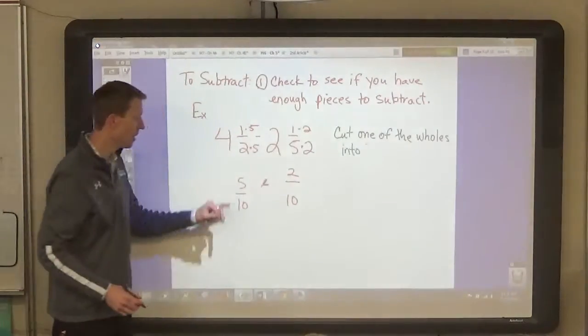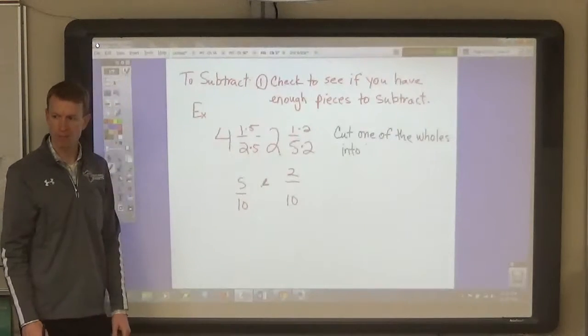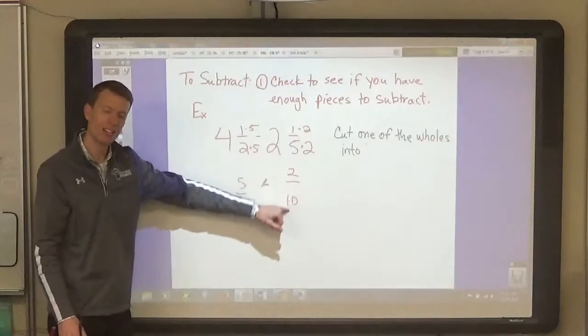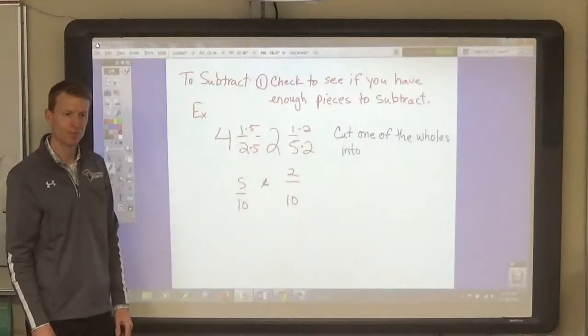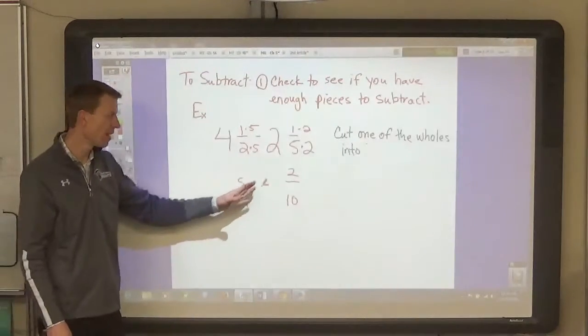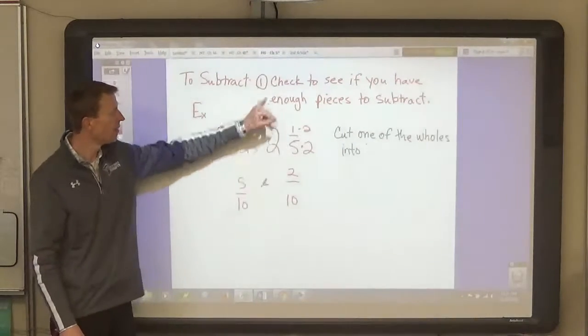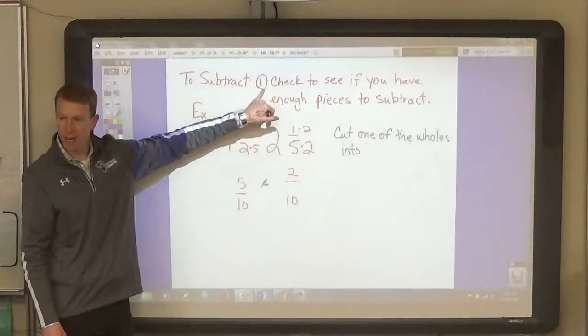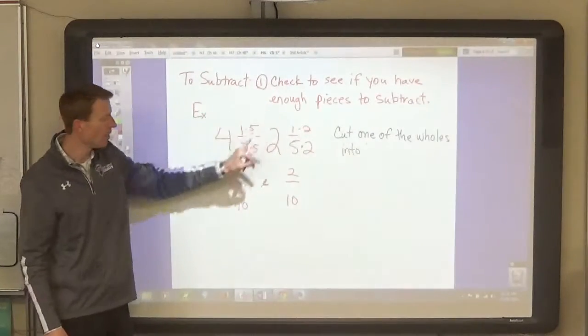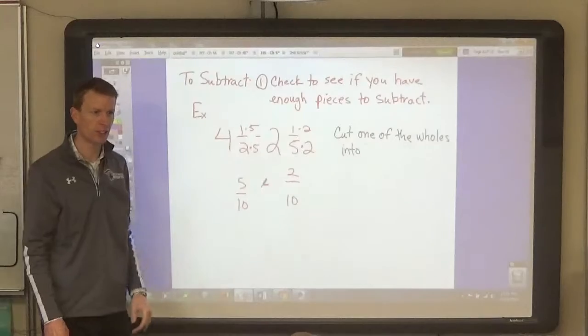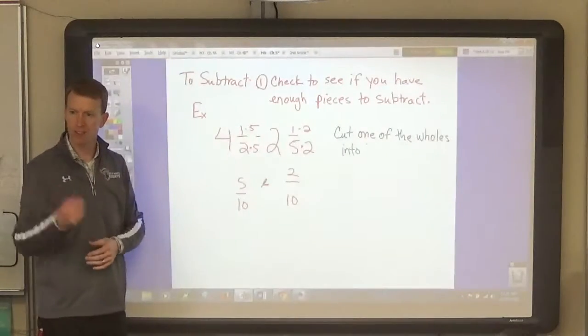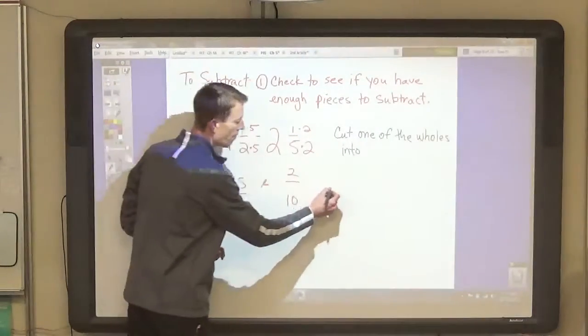Do we have enough pieces to take away 2/10? If you have 5/10, can you take away 2/10? Yes. So if we check and see if we have enough pieces, then we can subtract these first. Subtract the pieces, which is 3/10.